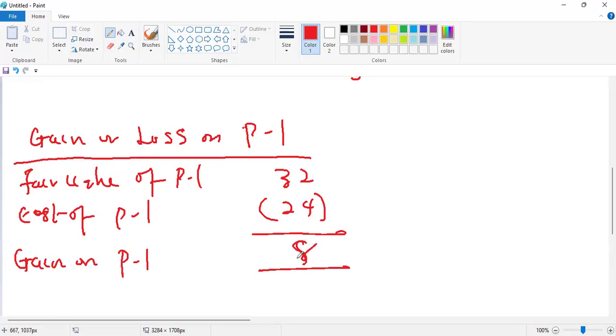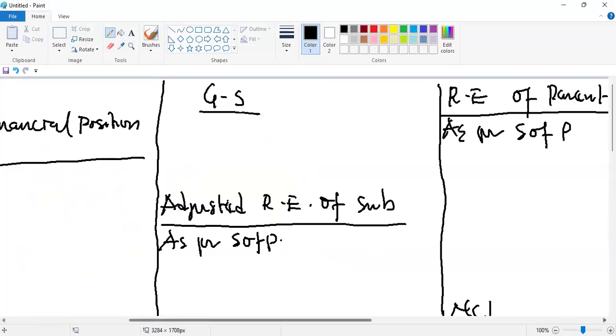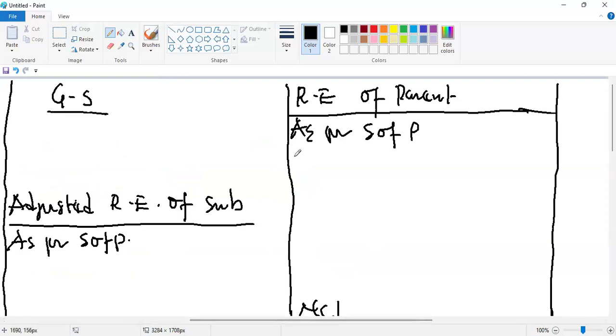That is the gain. What are we doing with the gain? I will now credit the TN of the parent. I will now say you have the gain on previous investments, 8, as per SOFP. What was the TN? 3112.